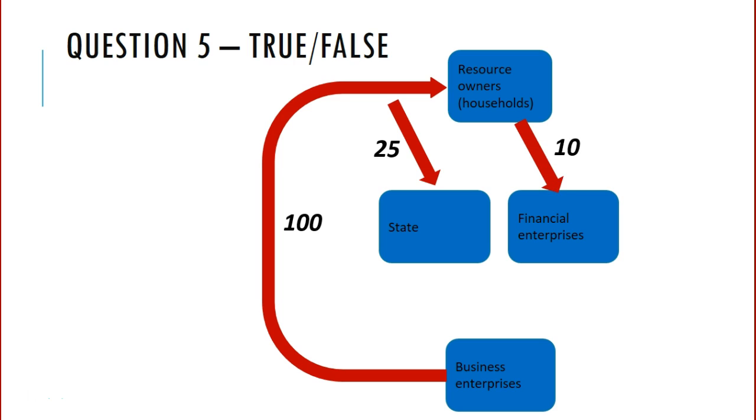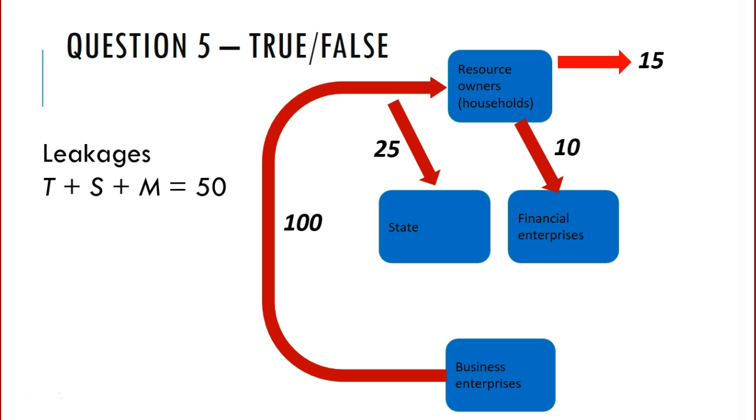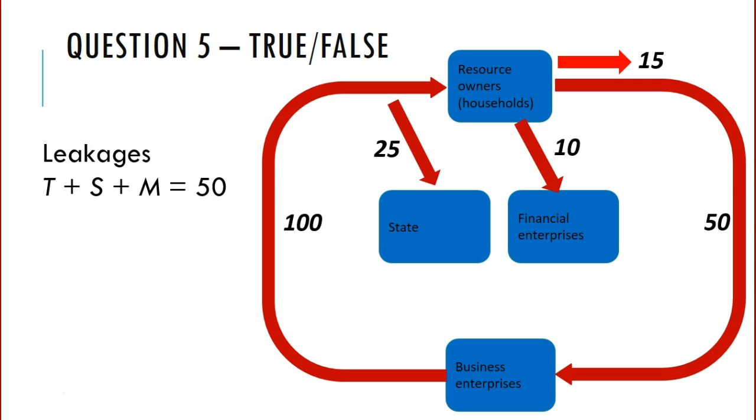Well, let's say they save $10 and they spend $15 on imported goods. So the leakages from the economy at this stage, taxes, savings, and imports, is $50 from the original 100. And that means the other 50 is injected back into the circular flow as consumption spending on locally produced goods and services.